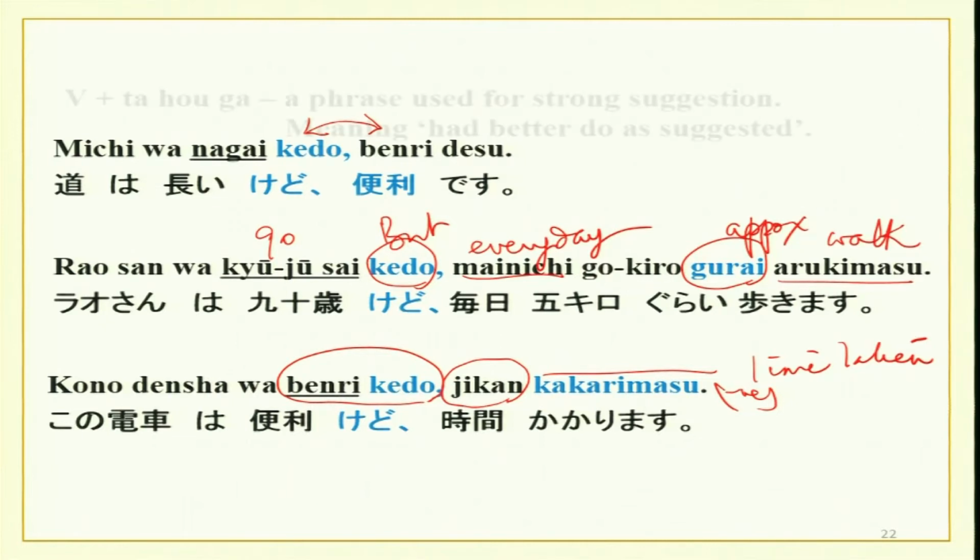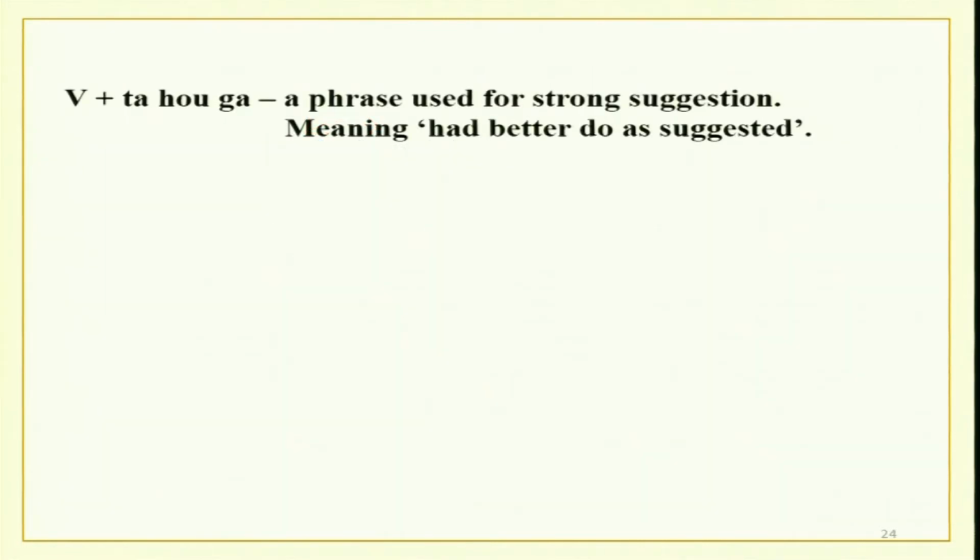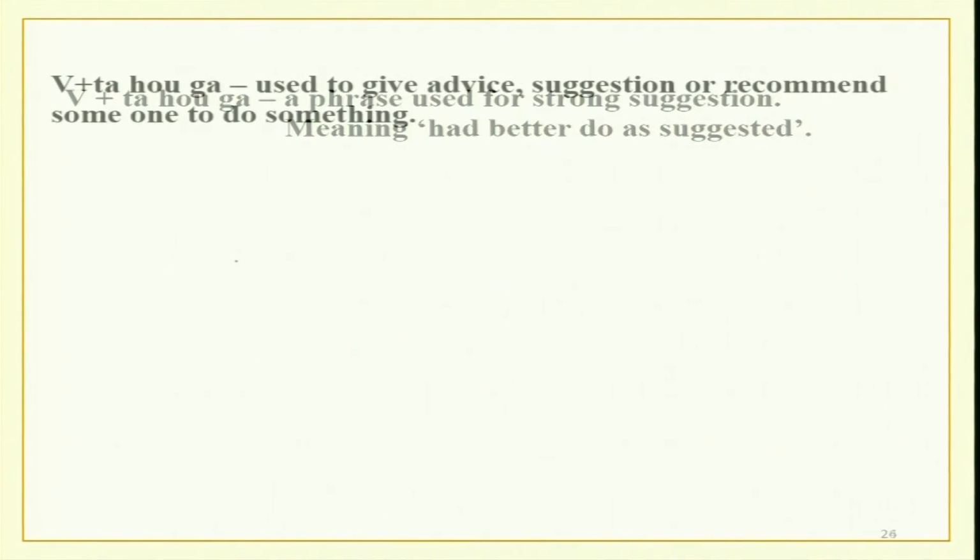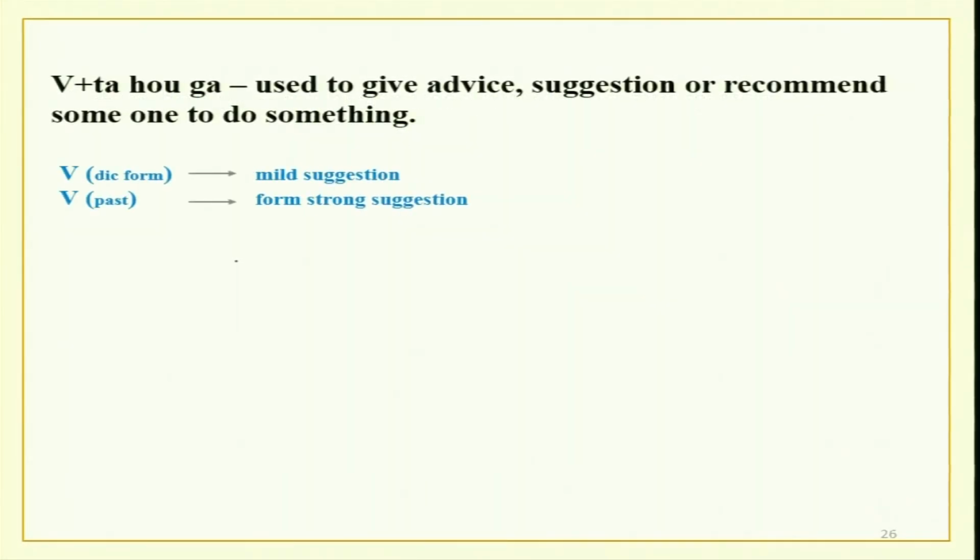Now, there was a phrase ta hoga. When you want to suggest something very strongly to a person, then you would use ta hoga. So, what is the important thing that you have to keep in mind before hoga? Before hoga also you will have to use the plain form of the verb.